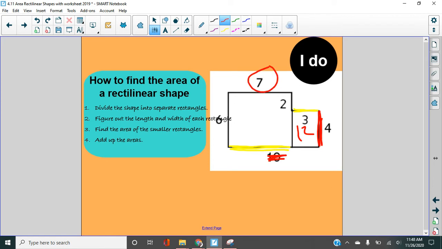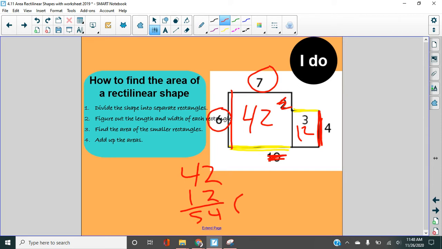So sometimes we have to look across. Now, how wide is it? From here to here is 6. So I did not need the 10, and I did not need the 2. The 2 just told me this little measurement right here. 7 times 6 is 42. And then I add those two parts. And then I put my label, feet squared.